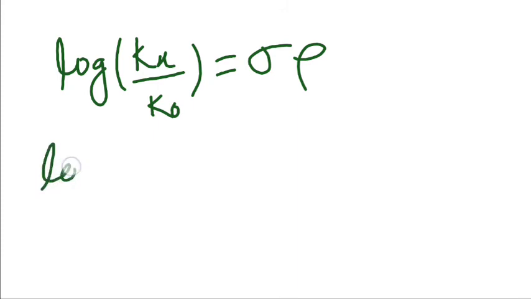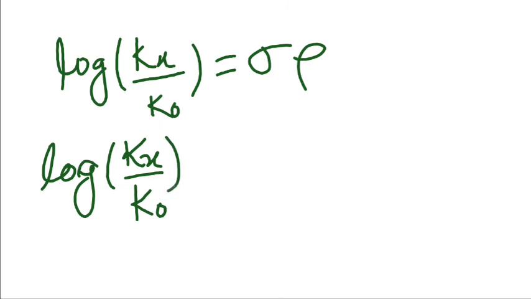The Taft equation is nothing but just a modified version of the Hammett equation, because the Hammett equation we know is given as log kx by k naught is equal to sigma rho. Am I right? Now what is the Taft equation? The Taft equation is very similar to the Hammett equation, but a bit modified. On what basis is it modified?